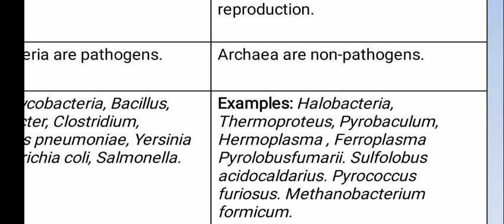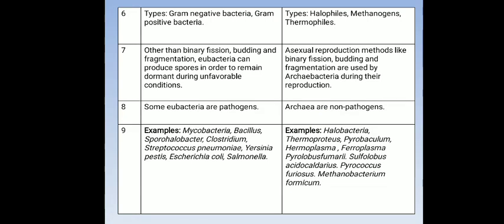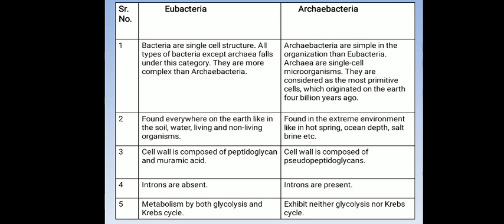In short, we will see the difference between eubacteria and archaebacteria. Now, if we consider eubacteria, they are more complex than archaebacteria, but archaebacteria are simple in organization than eubacteria.